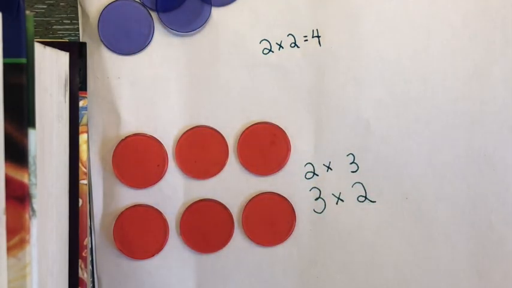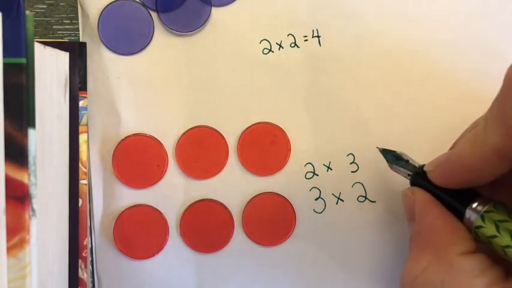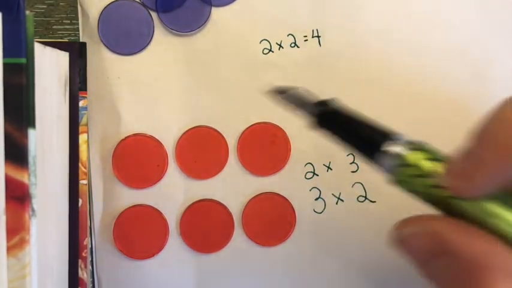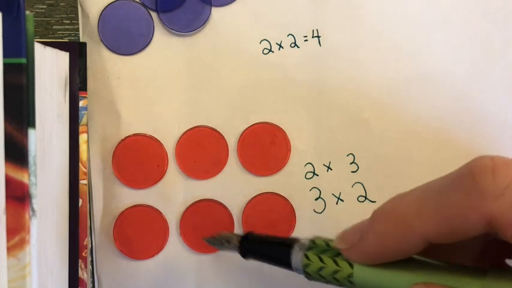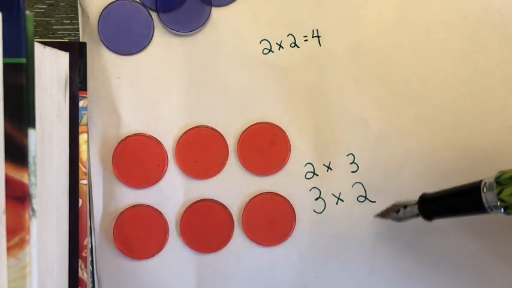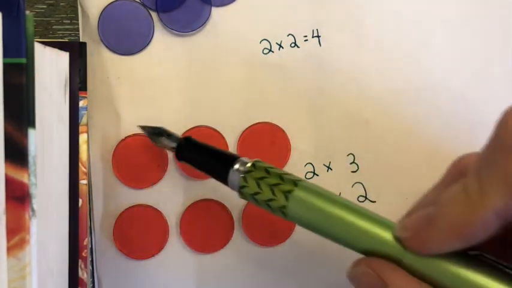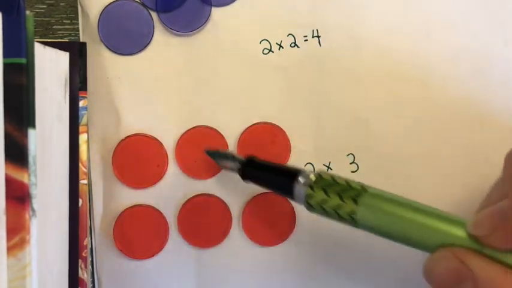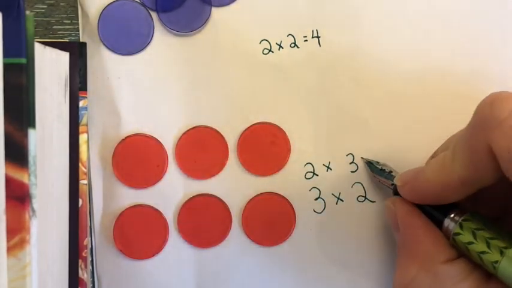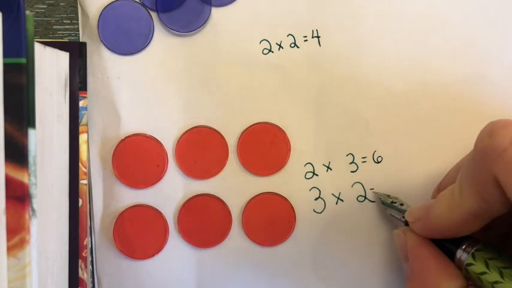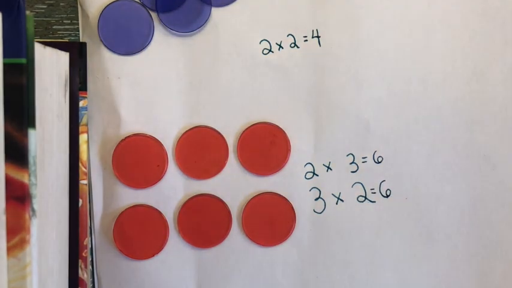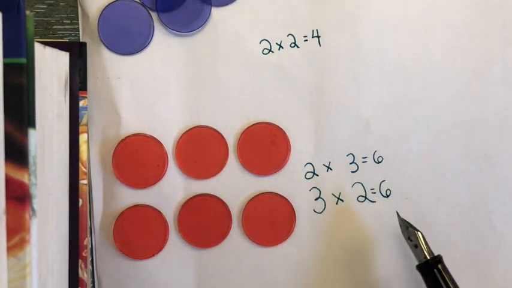Now I'm going to show you how to turn them into an equation. So 2 times 3 is 1, 2, 3, 4, 5, 6. You can count by 2s. Count these 3 groups of 2. 2, 4, 6. So both of these equations, because they have an equal sign, now they're an equation, both of these equations are equal on both sides.